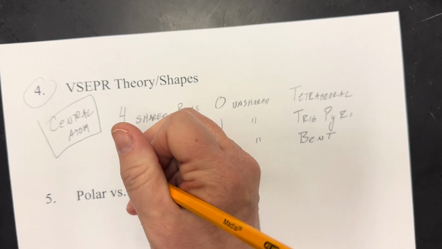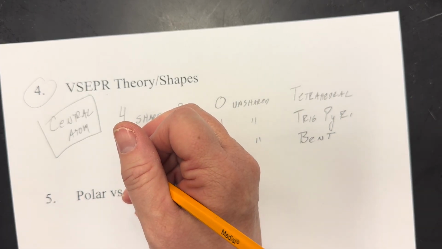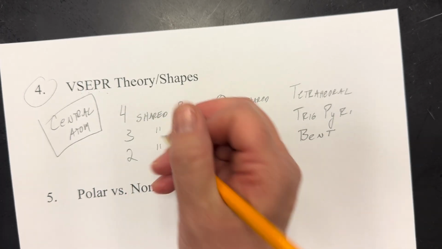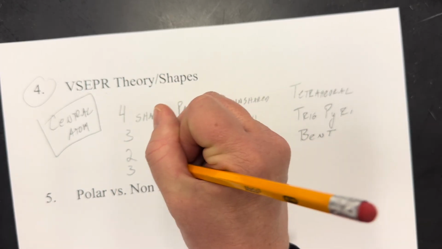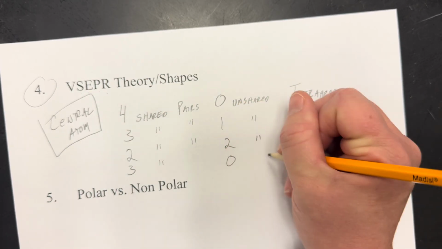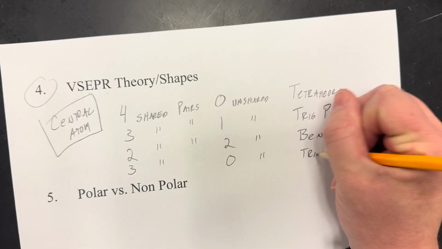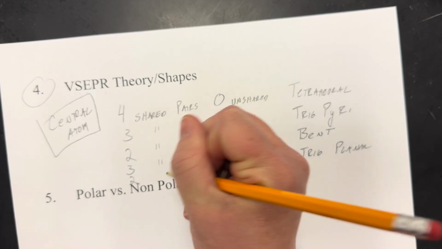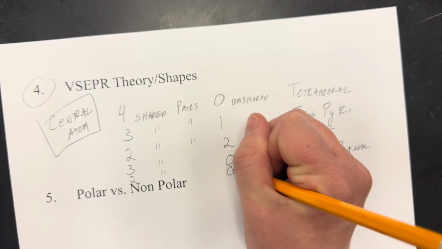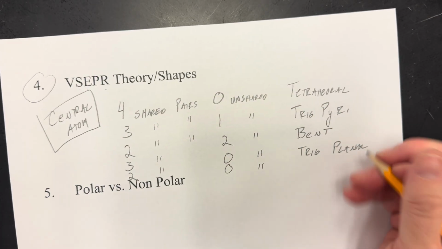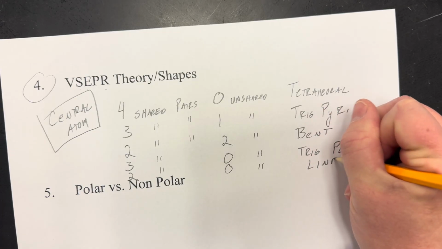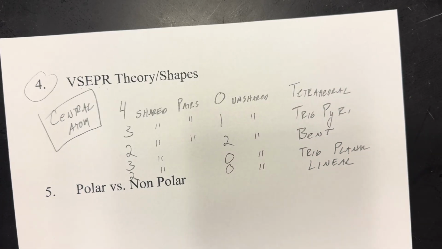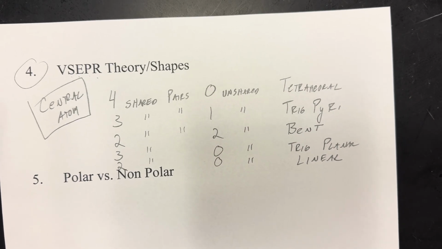And if you have 3 shared pairs and 0 unshared pairs, that is trigonal planar. And finally, 2 shared pairs and 0 unshared, that is going to be linear. All right. So please remember a couple things.